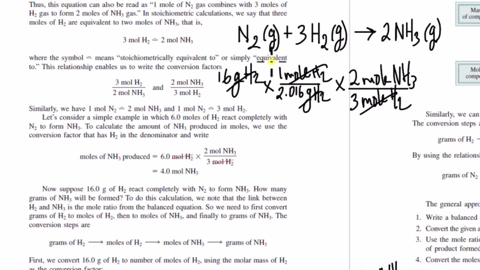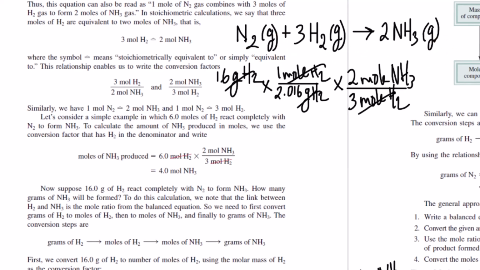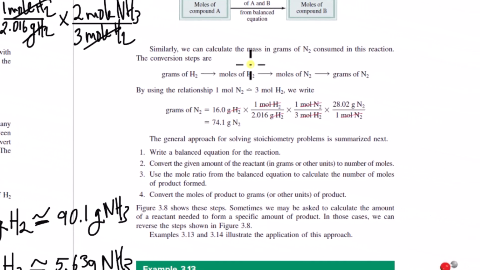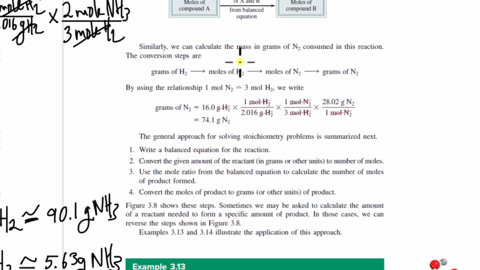Chemical equations are balanced and interpreted in terms of counts of atoms and molecules, right? So the stoichiometric equivalencies are in line with chemical equations. Okay, now it says we could have done a similar process with grams of N2 that reacted with this 16 grams of H2. And so it's really simple.